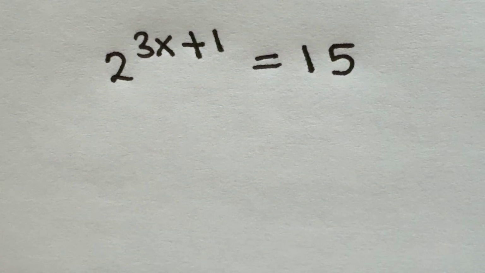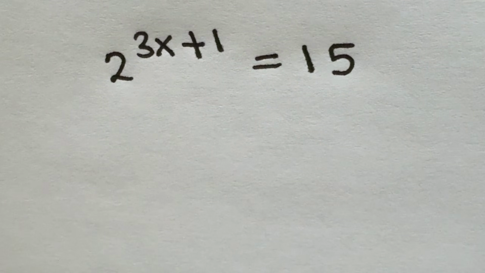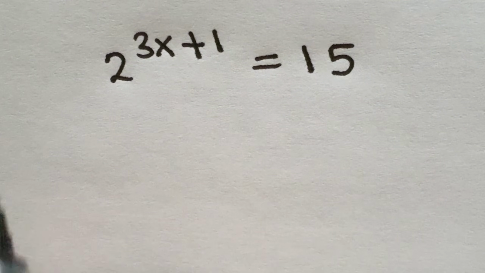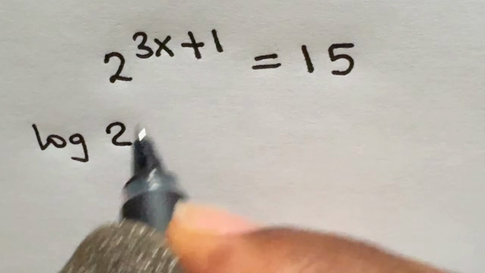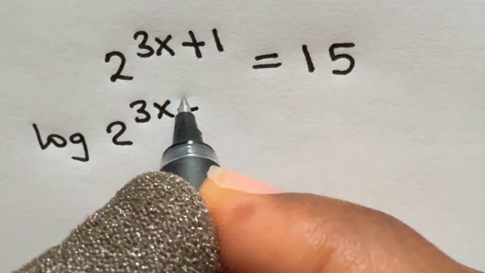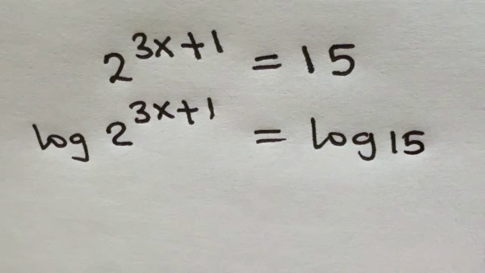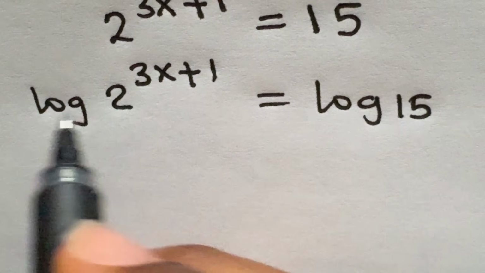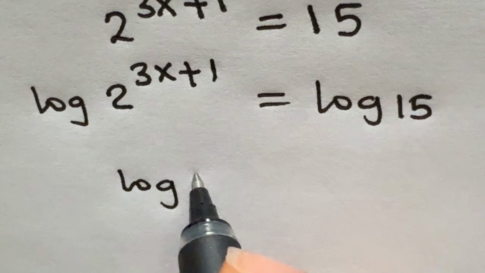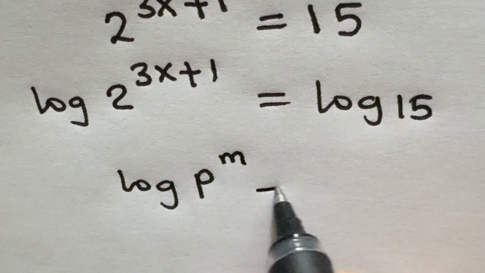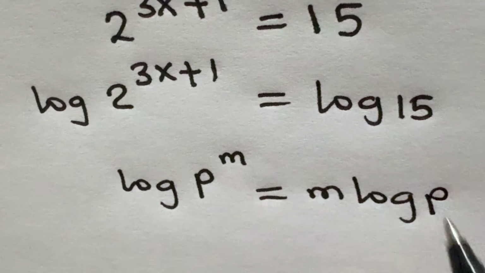It appears we now have a brand new equation, and this is pretty straightforward. It's an exponential equation, and to solve for x here, we can just take the logarithm of both sides. So we have log 2 raised to power 3x plus 1 is equal to log 15. Now, this left-hand side expression is of the form log p raised to power m, and by law of logarithm, this will give us m times log p.